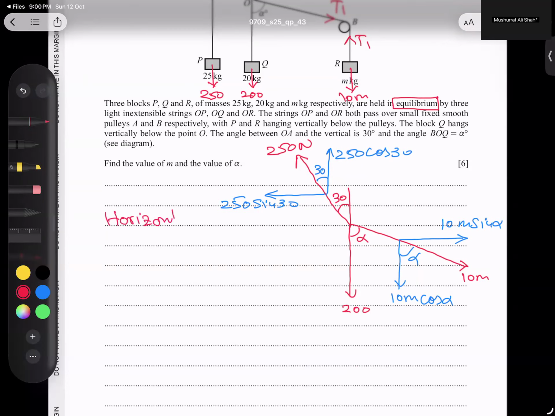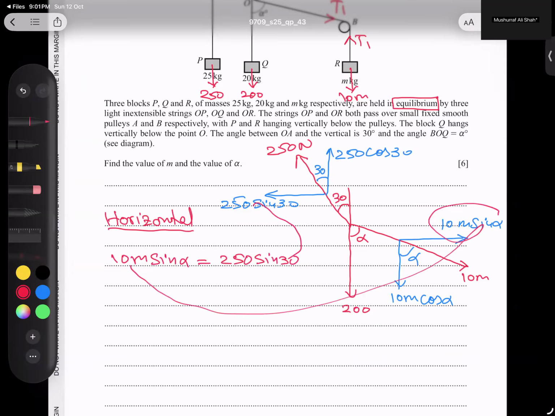So I'm writing here 10m sine alpha equals 250 sine 30. Repeat my words: this comes from here and this comes from here. And if you check it, sine 30 is a half, so 125. Equation number 1 done. Now I talk about vertically.